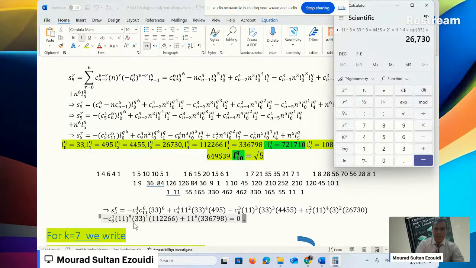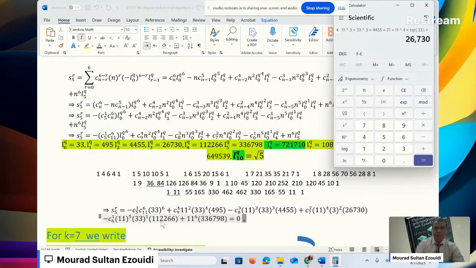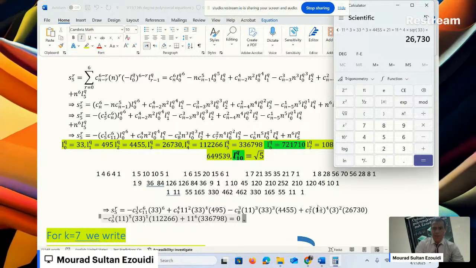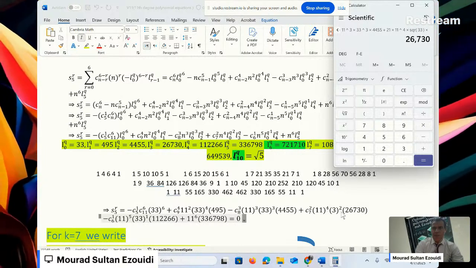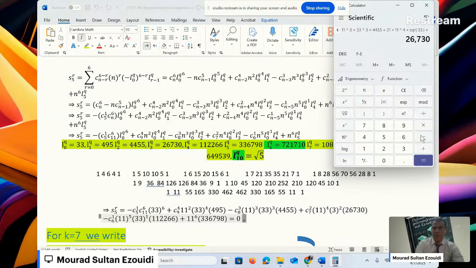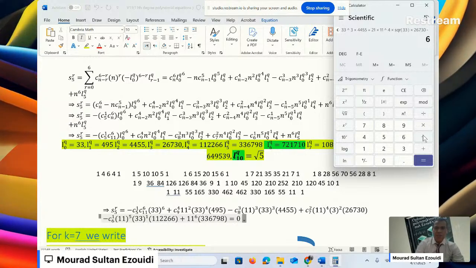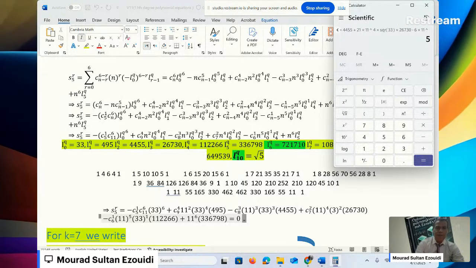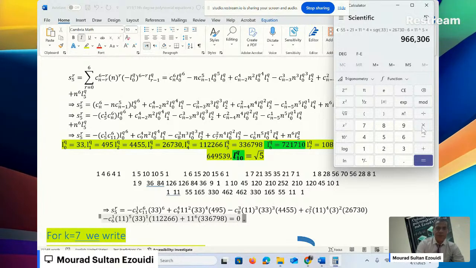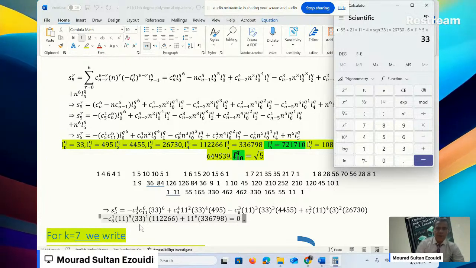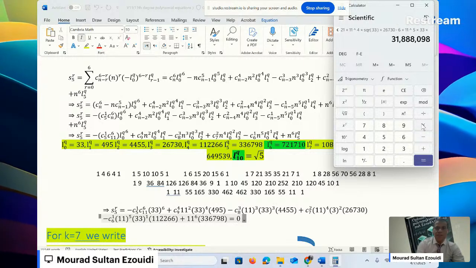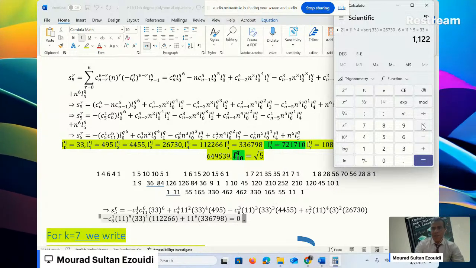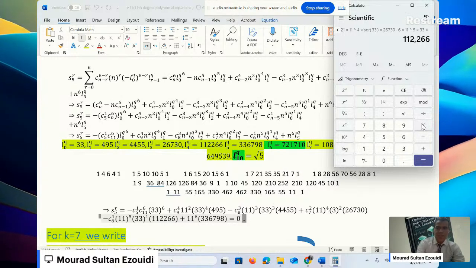Minus 6 times 11 raised to the power 5 times 33 times 112,266.